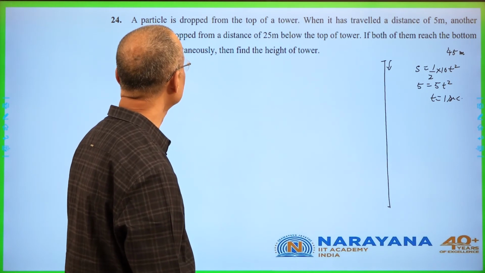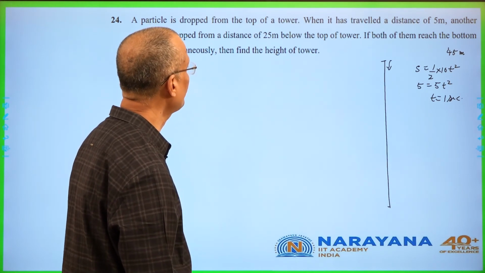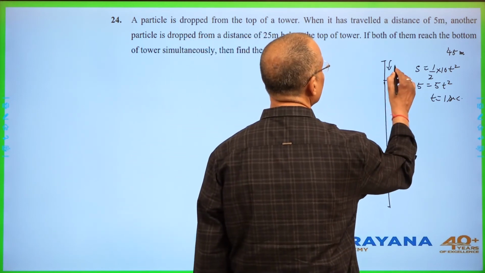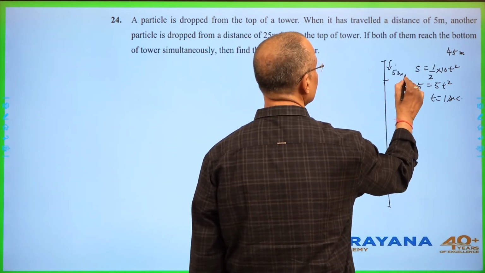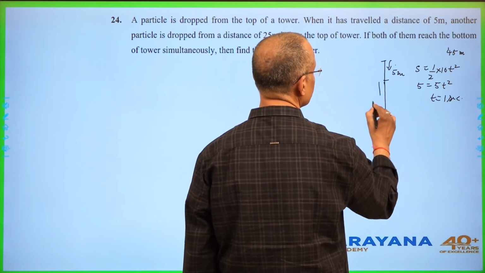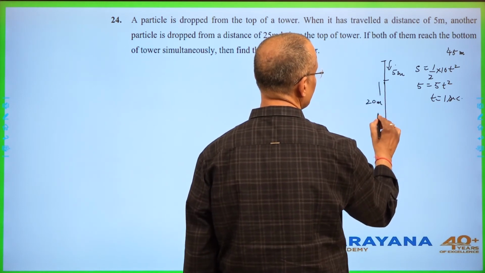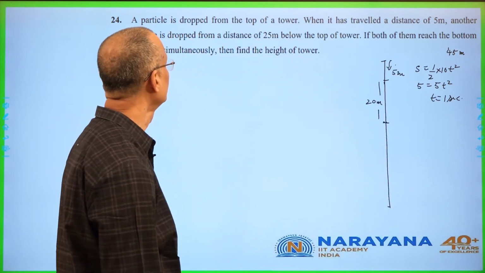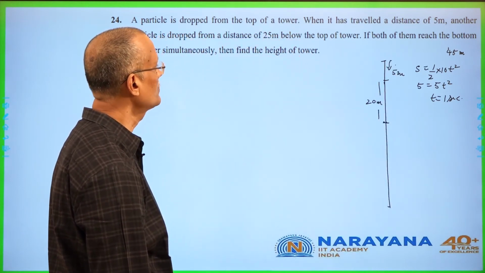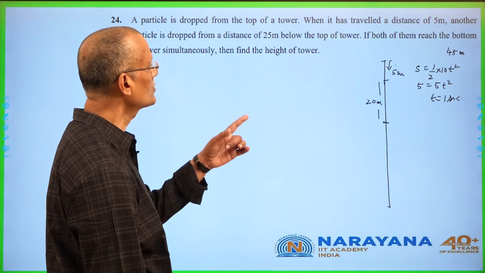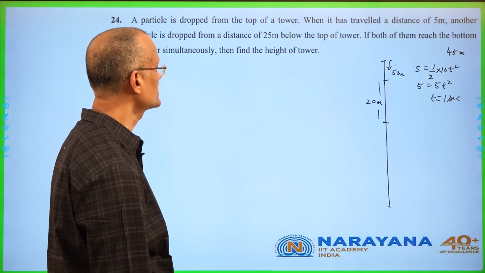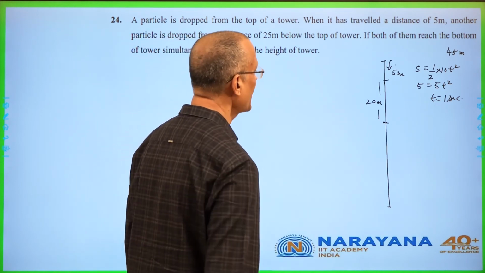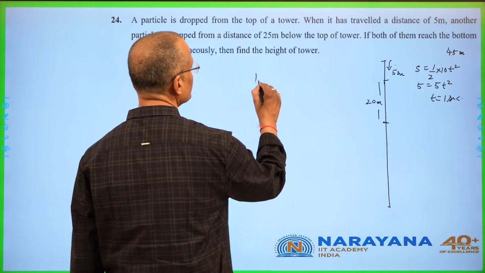Another particle is dropped from a distance of 25 meters below the top of the tower. So the first has traveled a distance of 5 meters, so the relative distance will become 20 meters because this distance is 25 meters. Both of them reach the bottom of the tower simultaneously. So they will be catching each other in how much time?